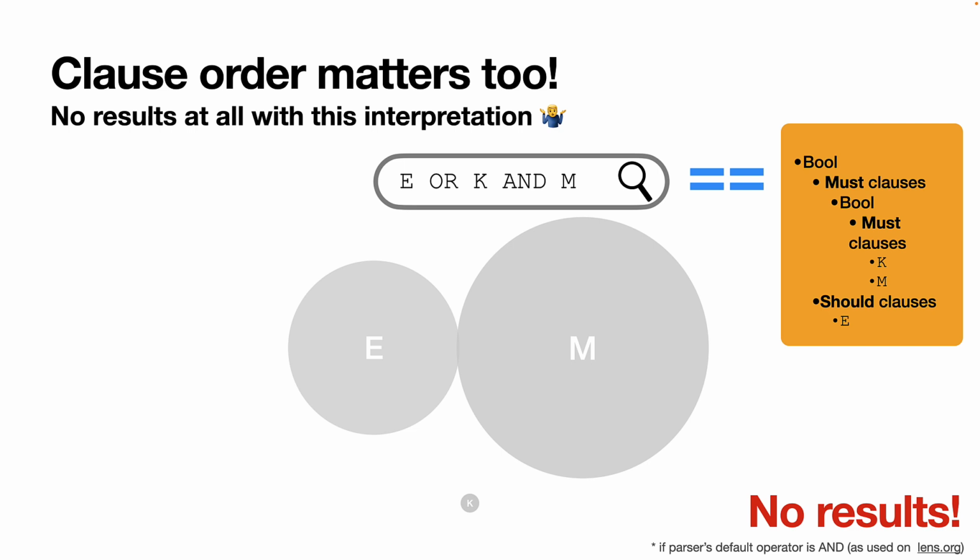And then it said that the E clause was just an or hanging on the side, so that's a should clause. And again, it's got relegated to a clause that has no effect, so we're not matching that big circle of Elasticsearch queries because we haven't satisfied any documents that match the K and M part of the query.